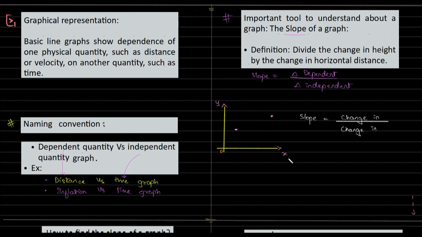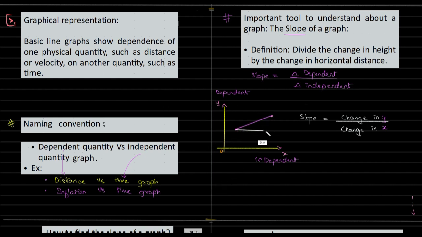Because generally along the x-axis we have the independent and along the y-axis we have the dependent. A slope is change in, I've written here itself, or you can write it this way, change in y divided by change in x. So here I have a graph.